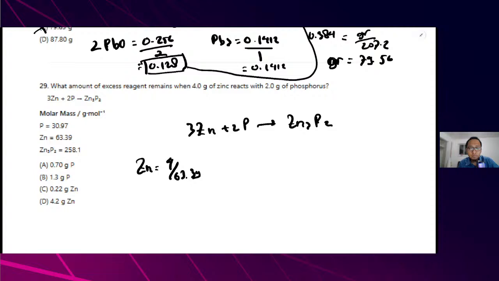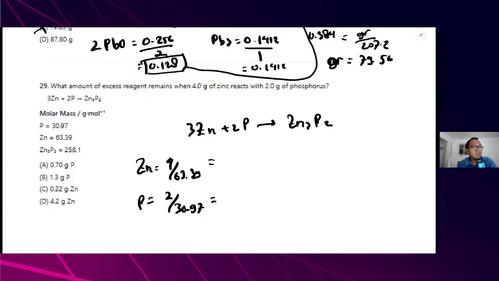This is number 29, right? Okay, and then how about the P? P is still the same, phosphorus 2 over 30.97. So we need to do calculation for this part again, guys.